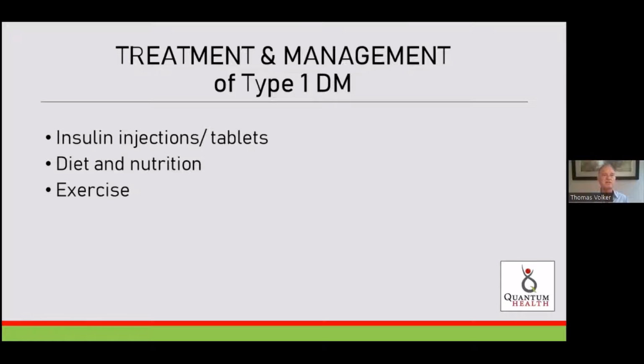Then obviously also in those cases, diet and nutrition are changed or adapted so that one takes in less sugar and rather other forms of energy that the body has to metabolize to stabilize the blood sugar levels on the long term. And exercise is always good for a healthy lifestyle.